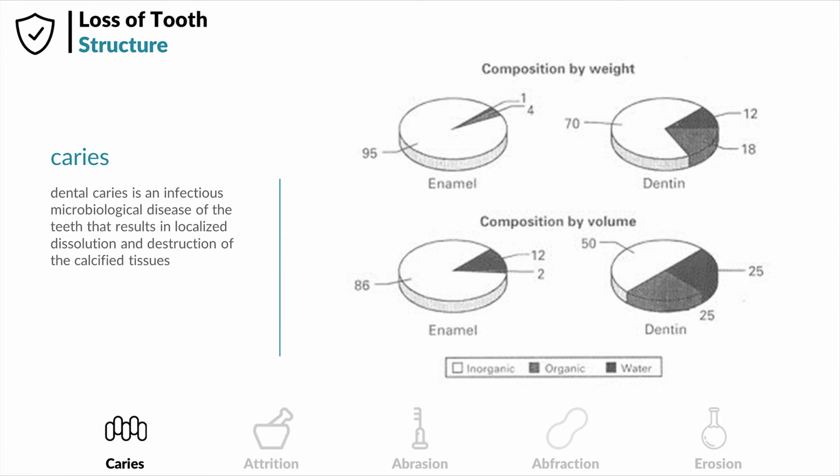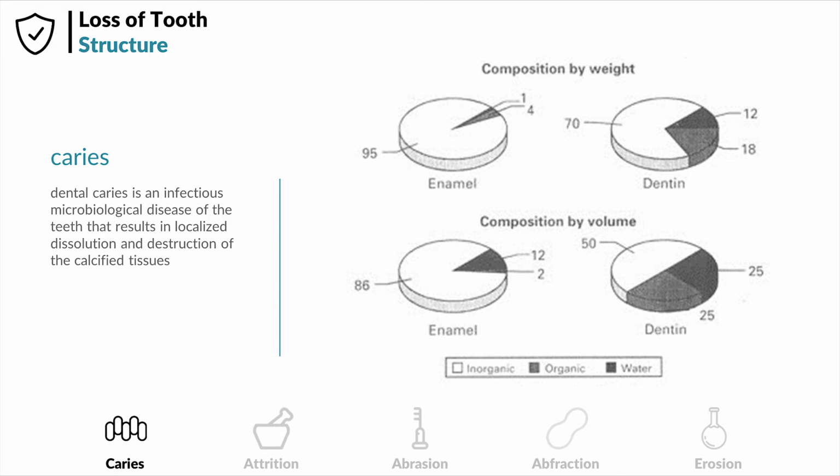Okay, and we asked this last time, the composition of enamel and dentin. So by weight, we have 95% mineral for enamel, and just 5% organic. And by volume, it's about 86%.